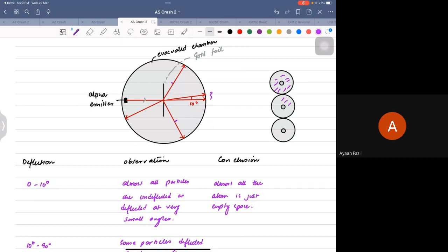The particles went straight, or if they were a bit closer to the nucleus, they would deflect a little. But usually they would go straight, because the nucleus is so small and the atom is so big that there's nothing really in the middle. I hope you understand this. Any questions? Please let me know.